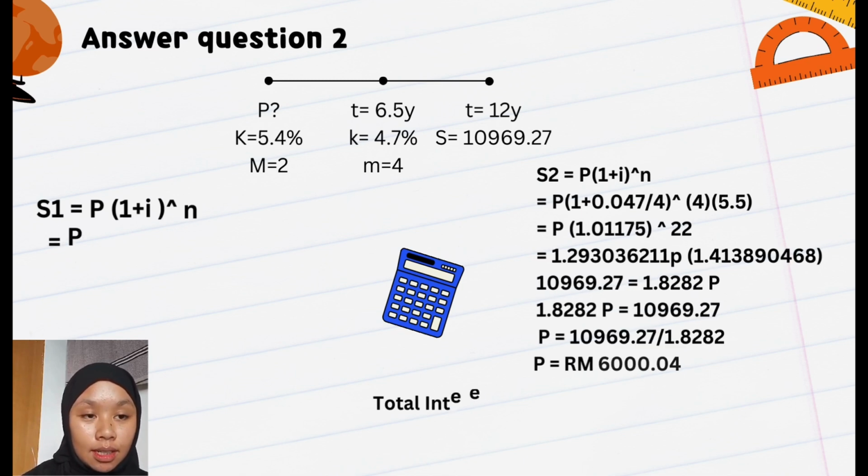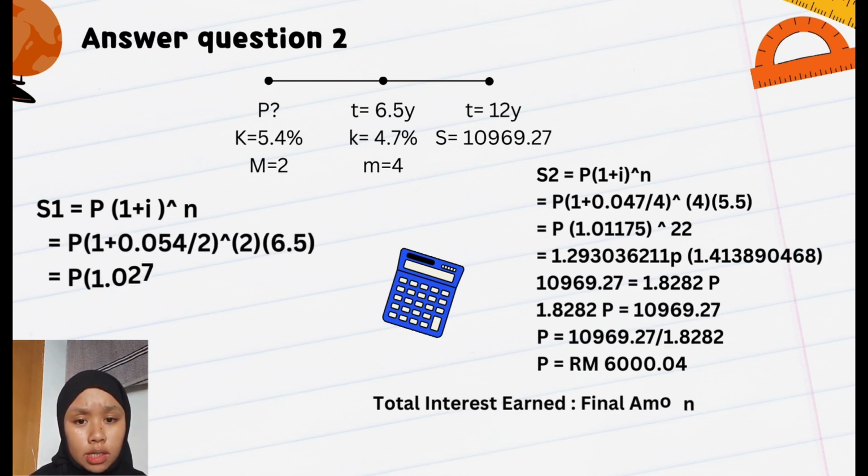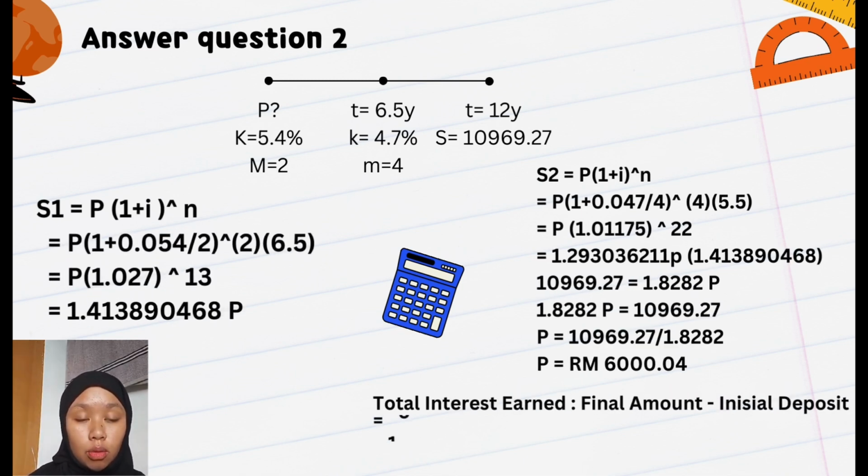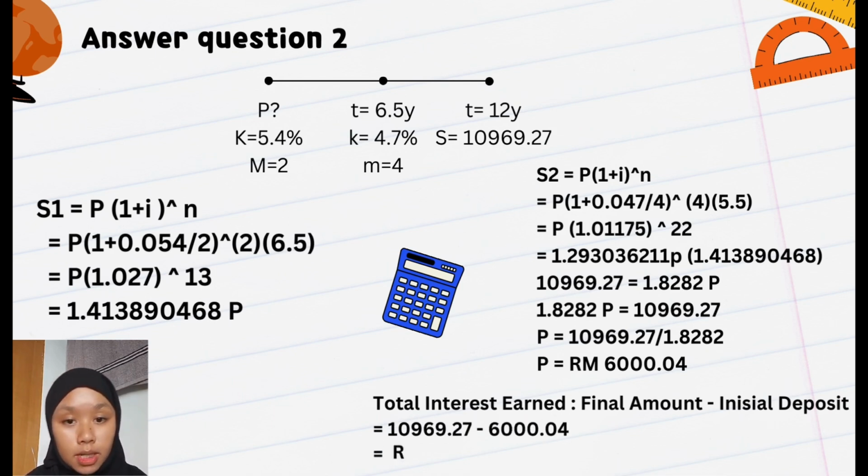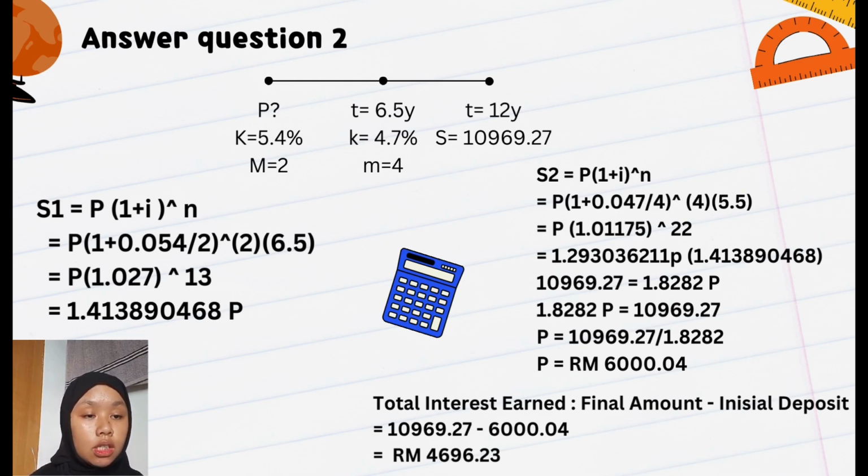Okay, let me answer this question. For this question, we use the formula S equals P in brackets 1 plus i to the power of n. So we insert all the information in this formula. So we can get, at 6.5 years, 1.41389046 P. This is the accumulated amount for the savings account at 6.5 years.